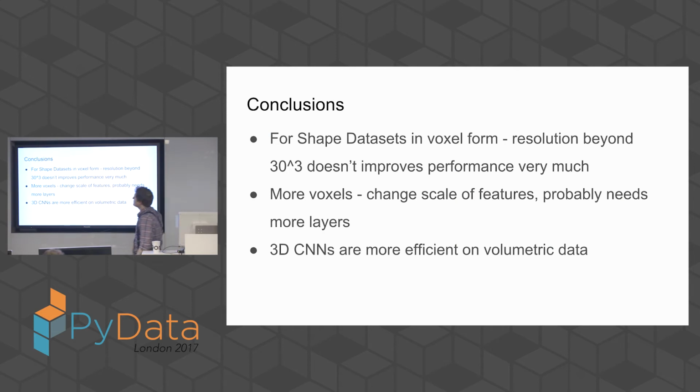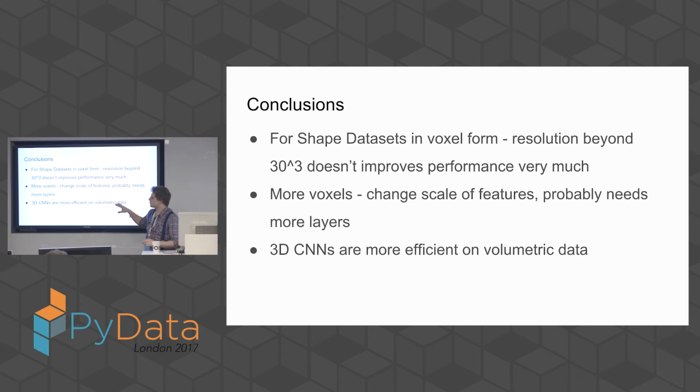Yeah, we got some conclusions from that. Shape data sets, because of their small number of classes, don't really need big resolution. If you have more voxels, you maybe need a deeper network, so the information from the different scales would be integrated better. And our networks are actually better used on something that has uneven internal structure, like medical imaging data, which I showed previously.